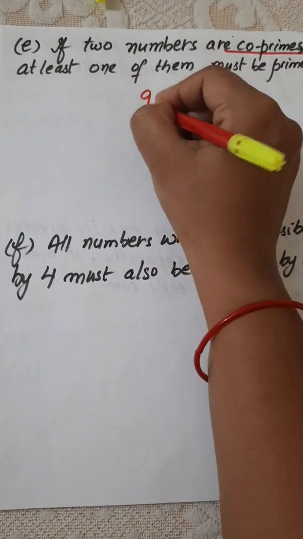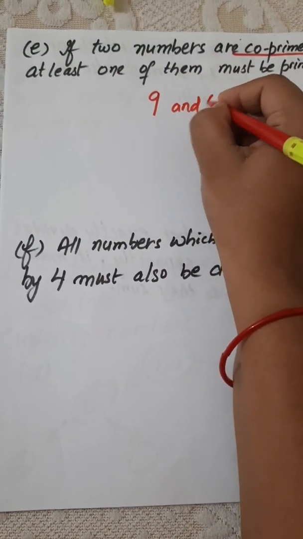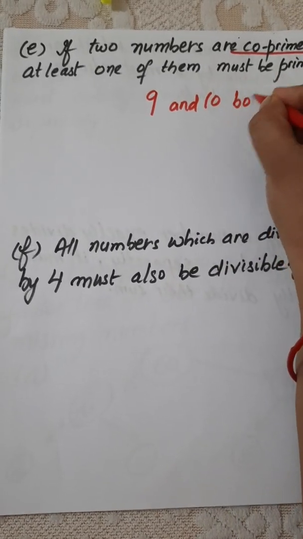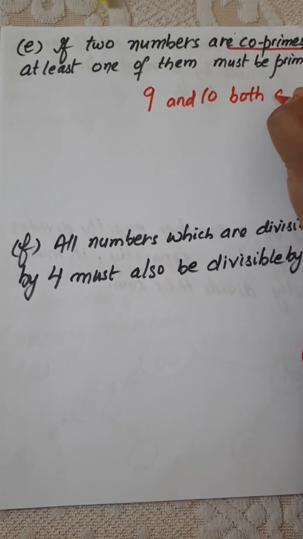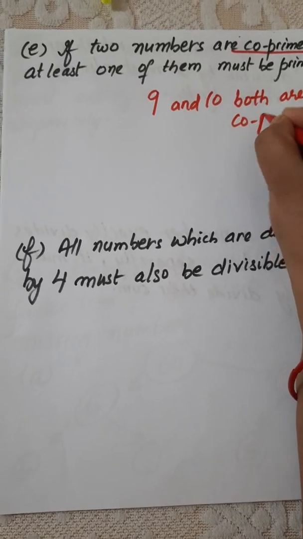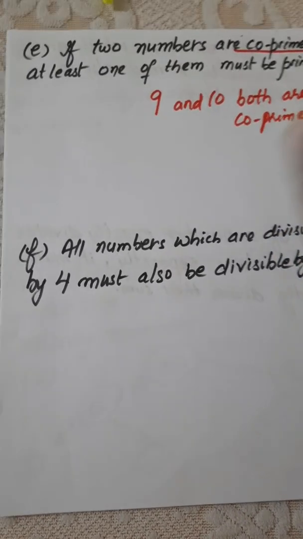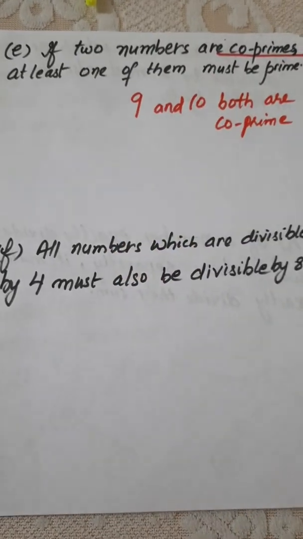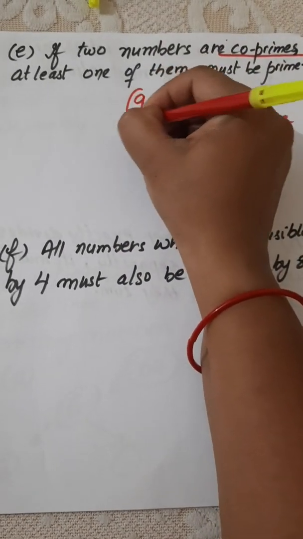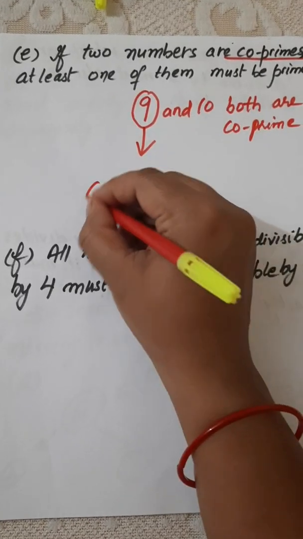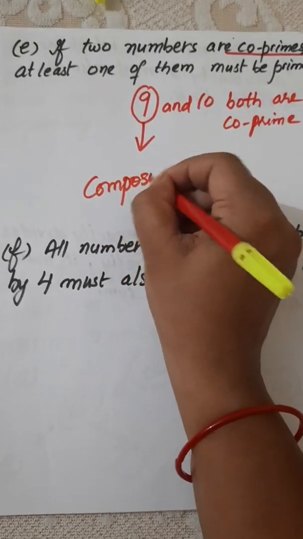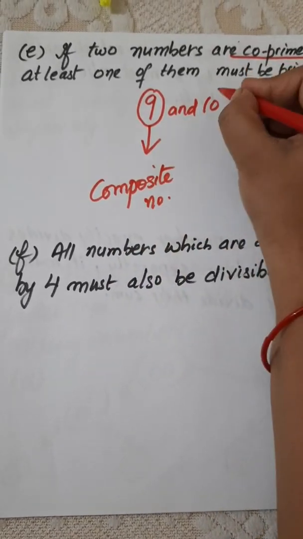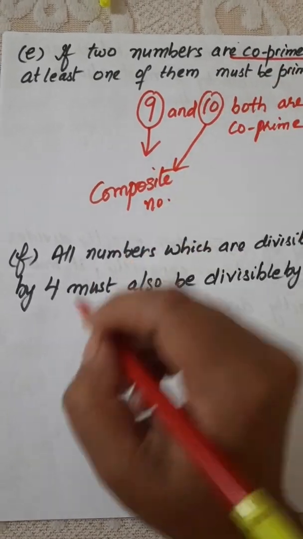But here 9 is a composite number, and 10 is also a composite number.